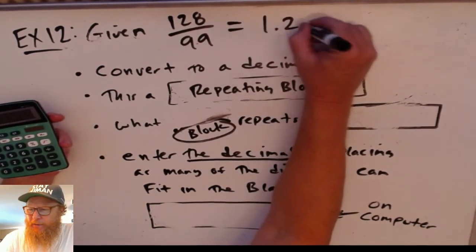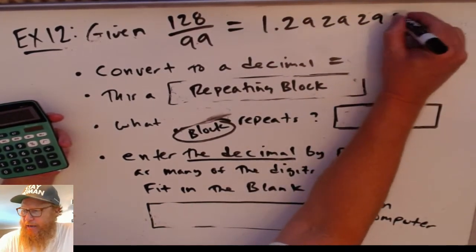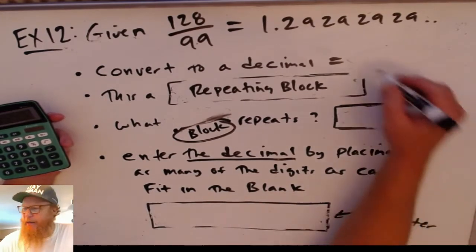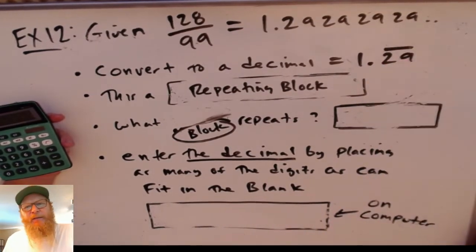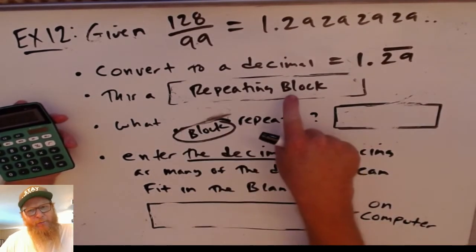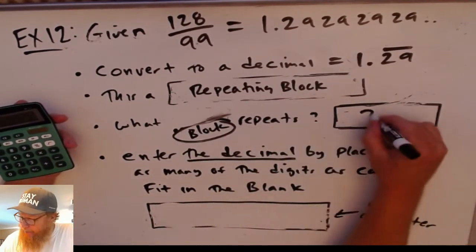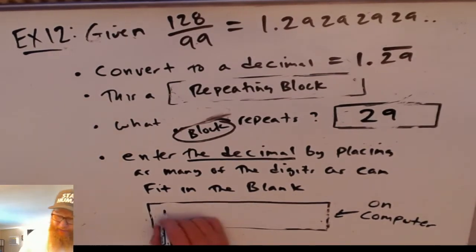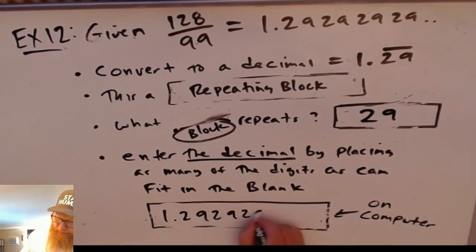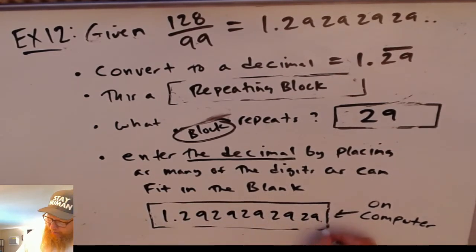That's 1.292929292929. So that's 1.29 with a bar over it. Again, this is a repeating block, and the block that repeats is 29. And then down here, 1.2929292929, etc., etc.